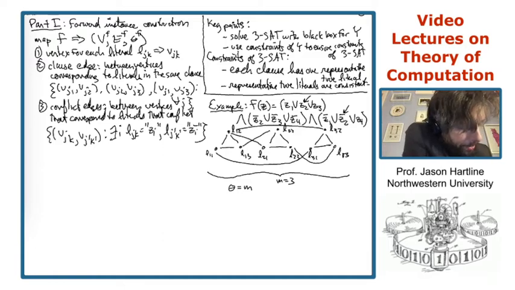These are my conflict edges, and so we'll call this E prime and E double prime, and I'm going to set E_f equal to the union of E prime and E double prime.